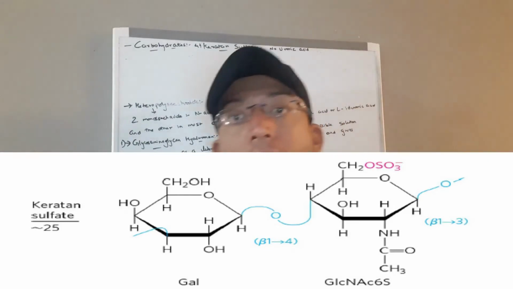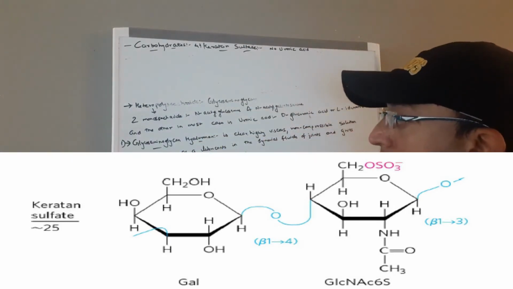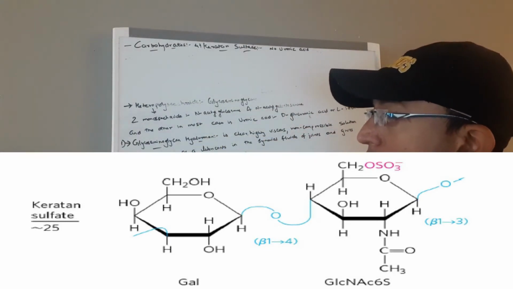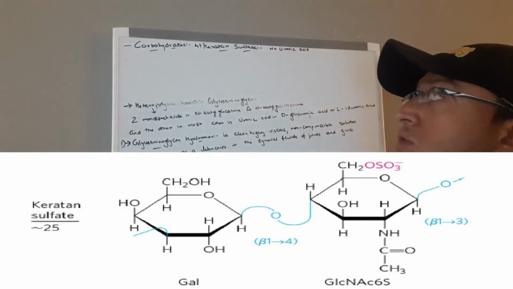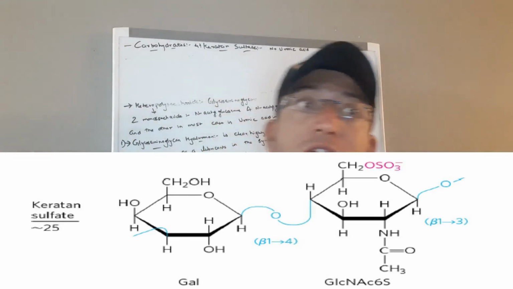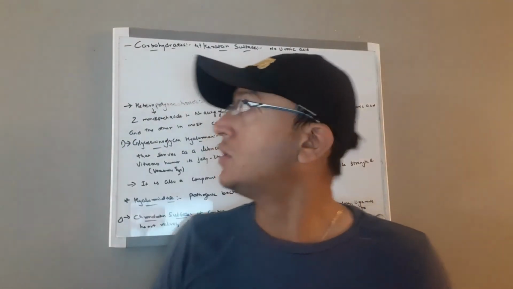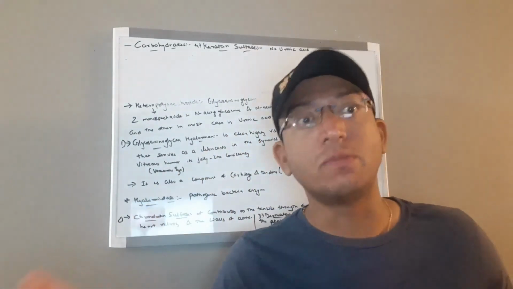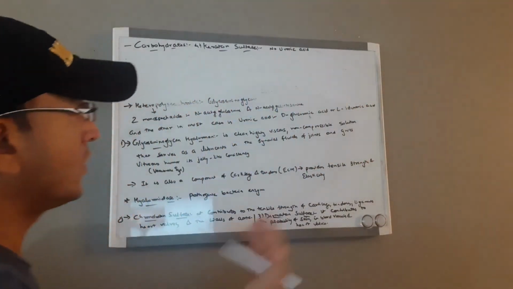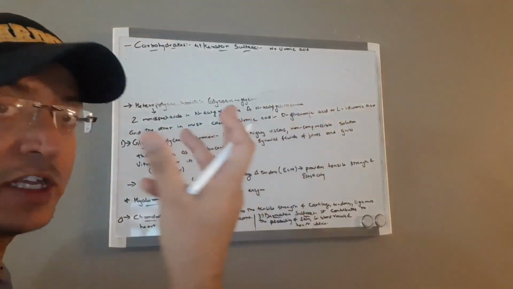It does not have the uronic acid that is present in hyaluronan, chondroitin, or dermatan. So keratan sulfate has no uronic acid, and its sulfate content is variable. It is present in cornea, cartilage, bone, and a variety of horny structures as well.